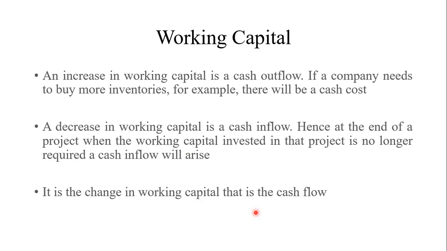So the difference from 150 to 80 is 70. So that becomes the cash flow in respect of working capital for year 3. I hope that is clear. All right, so it's always the incremental or the change in working capital. That is what is the cash flow for that particular year.